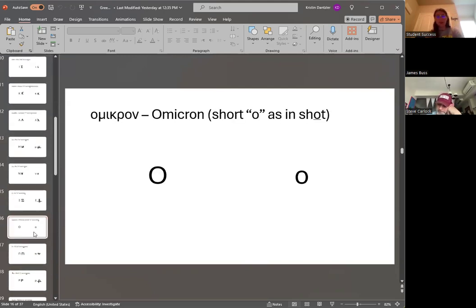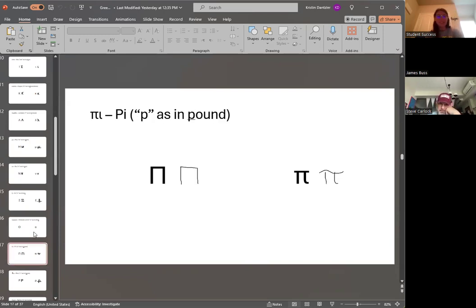Omicron is their short O. This one's pretty self-explanatory. Capital letter O, lowercase, also an O. Pi, as opposed to rho, is their P. Uppercase, I feel like most people know this one pretty well. Uppercase is three-quarters of a box, and the lowercase is just what you see in math.